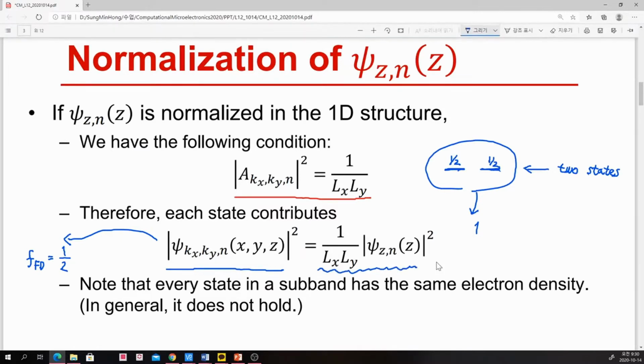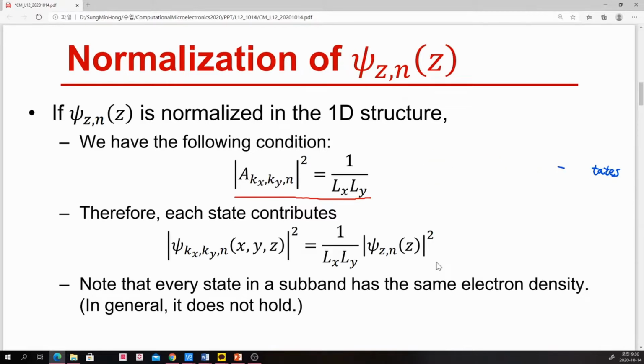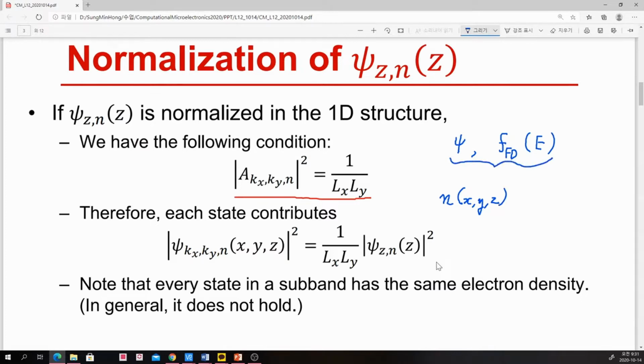So from our discussion, it is now clear that if we have a certain wave function, and a certain Fermi-Dirac distribution corresponding to its energy, then the electron density originating from these two pieces of information will be just psi square times f_FD(E).